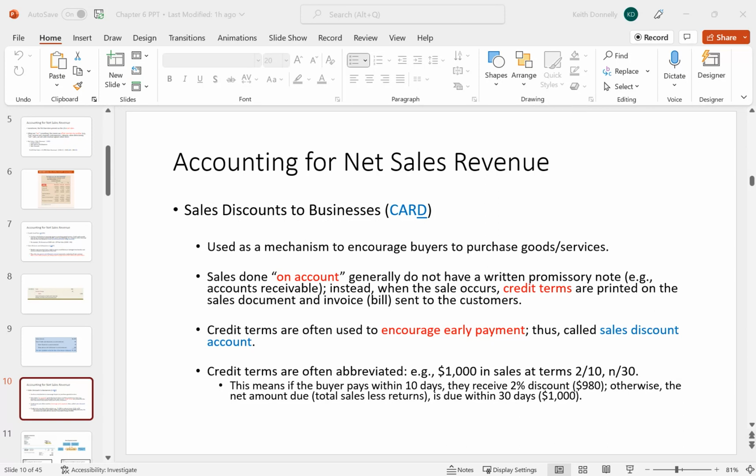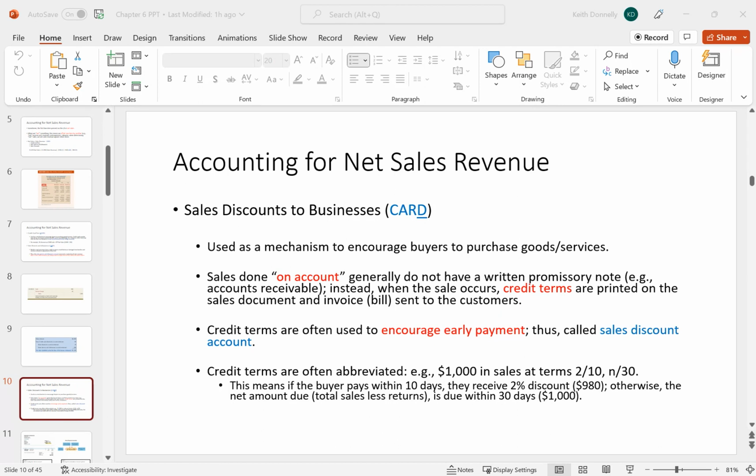If you pay in 30 to 60 days, you owe 1,000, and if you pay past 60 days, you owe 1,100. So as the property owner, you're going to want to pay as soon as possible. Take them up on that $900, right? It's the same thing when companies make sales on account. They will dictate and control at the time of sale, putting in credit terms that encourage people to pay early, right?